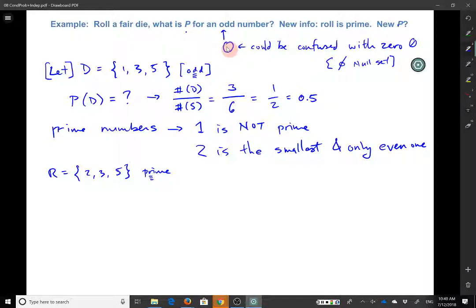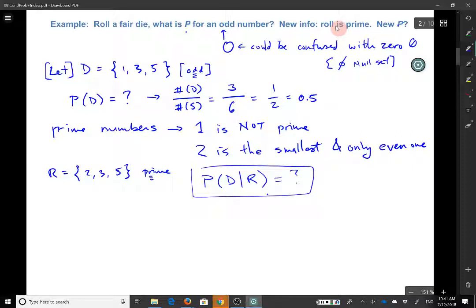What's the probability that it's odd? And then with the new information, how do you incorporate it? That's given that it's prime. So this is what we want to figure out.